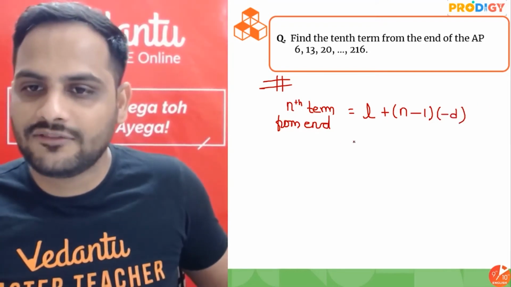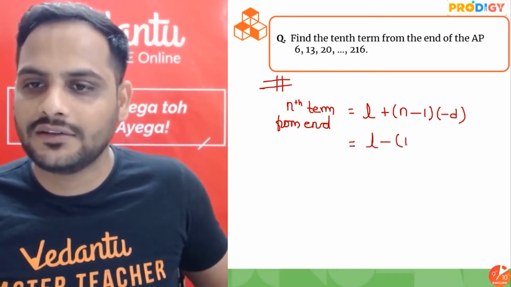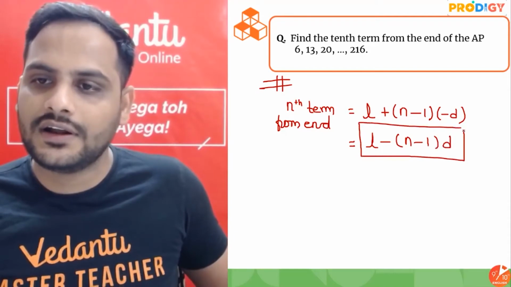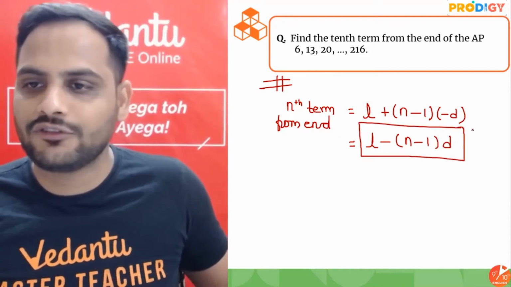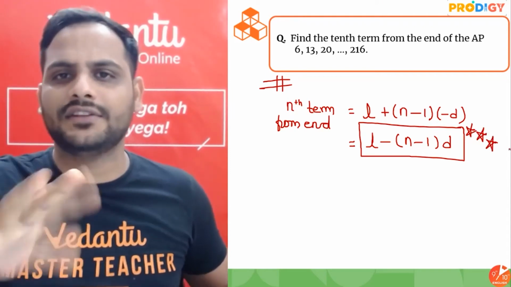So the final formula is L minus N minus 1 into D. This is the direct formula. If you remember the direct formula, no need to do anything else.